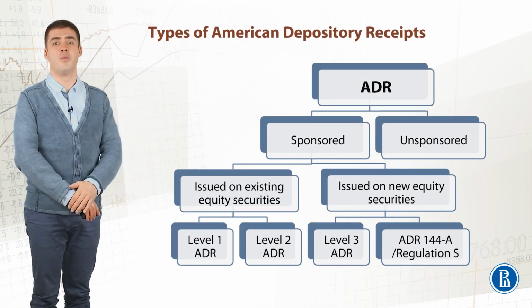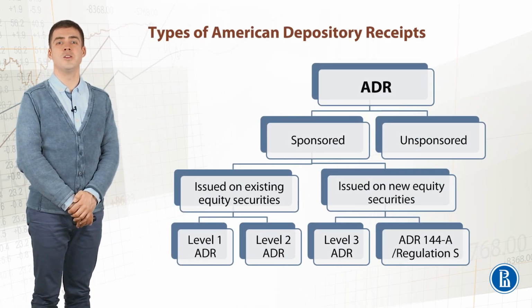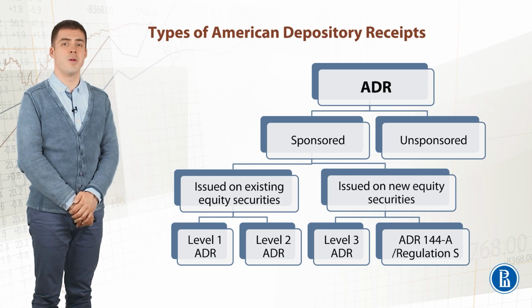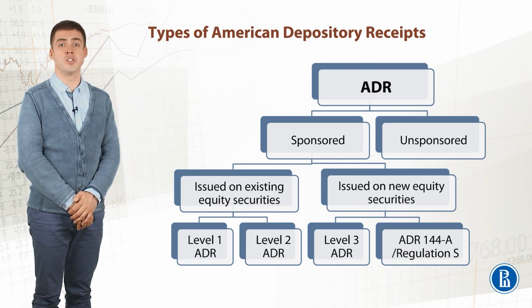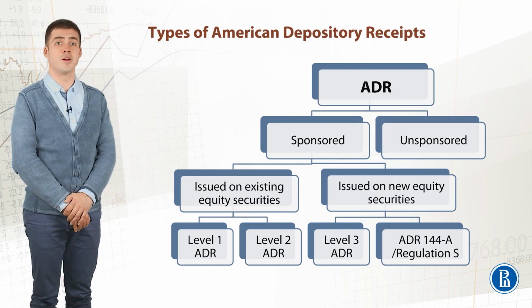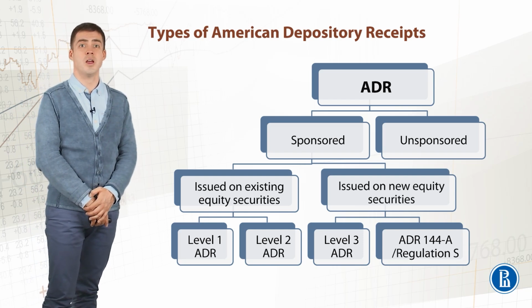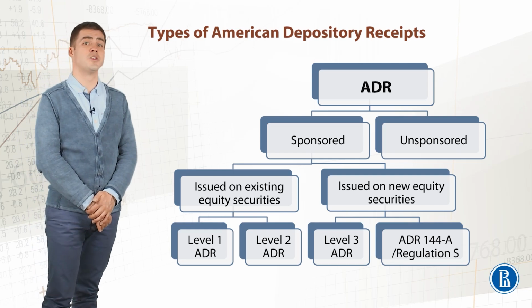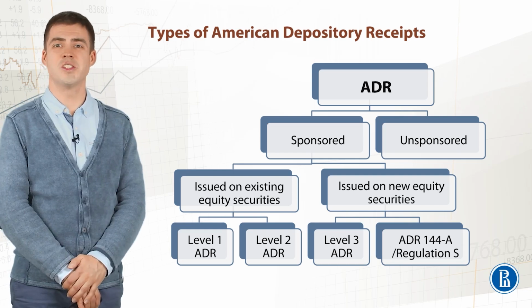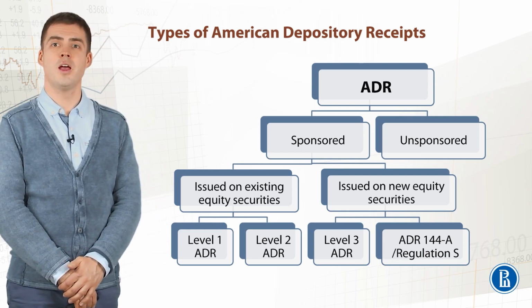In the previous example, we have considered the so-called unsponsored American depository receipt, which refers to the situation when the origination for American depository receipt issuance is made by an investor, not the issuer of the underlying equity. So this receipt is called unsponsored.